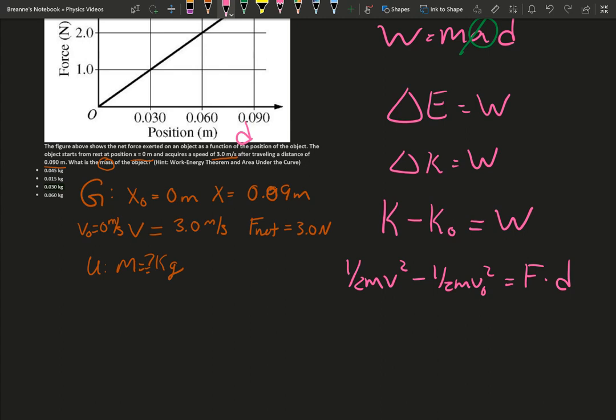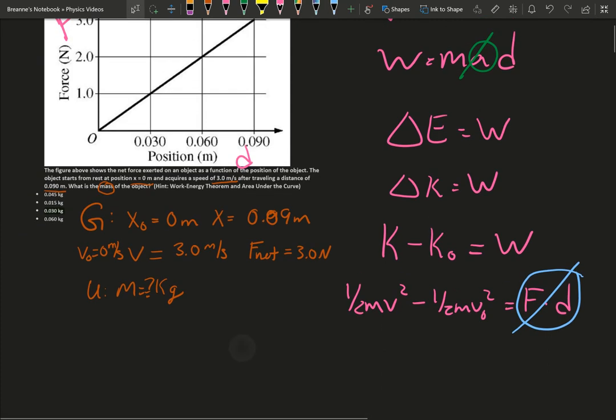You can start plugging in what you got at this point in time. But you can't just go straight force times distance. The reason is that you have a change in force.